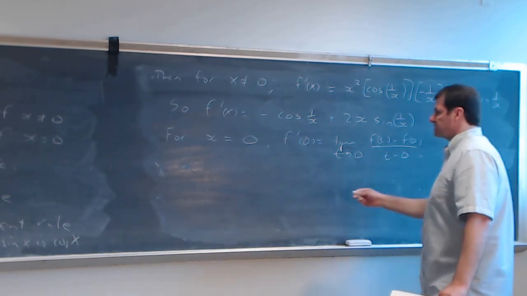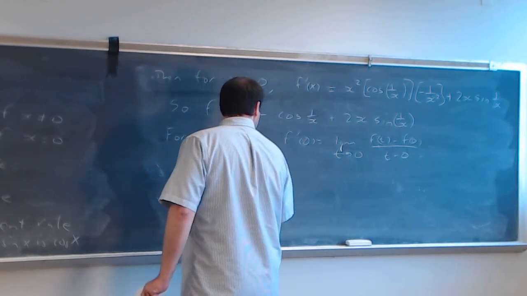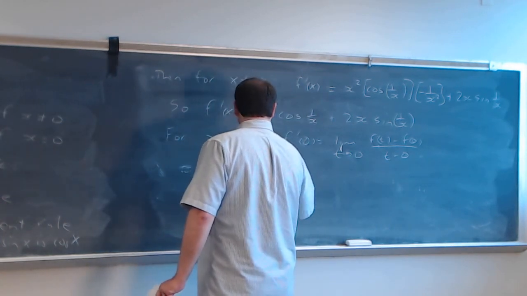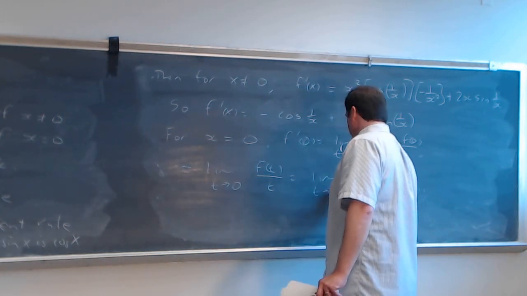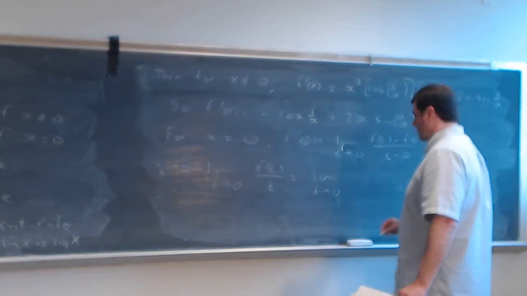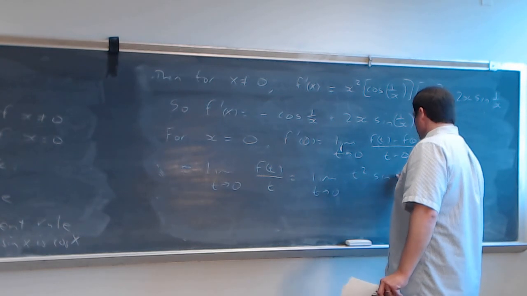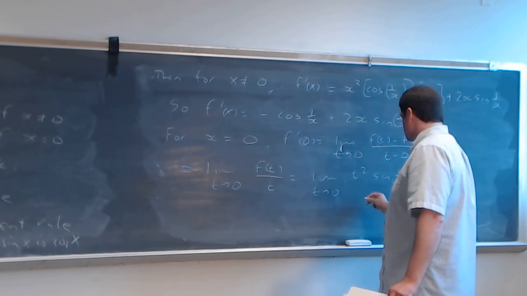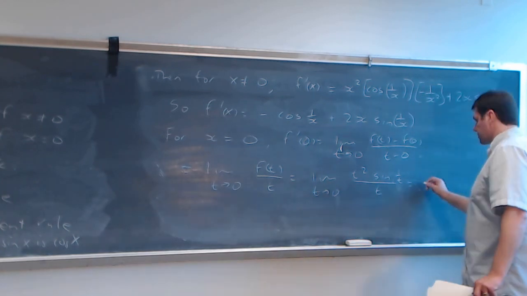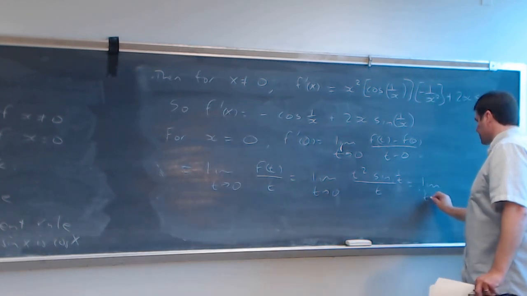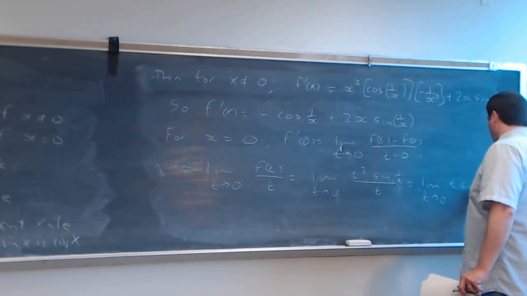That's just equal to the limit as t goes to 0 of f of t over t, which equals the limit as t goes to 0 of t squared times sine of 1 over t, all over t, which is equal to the limit as t goes to 0 of t times sine of 1 over t.